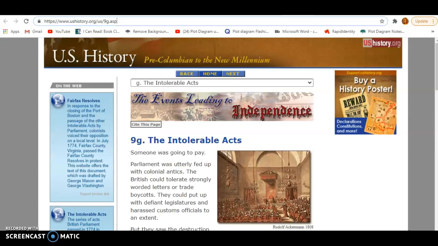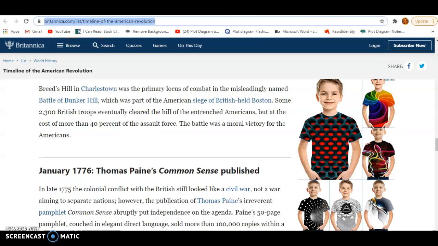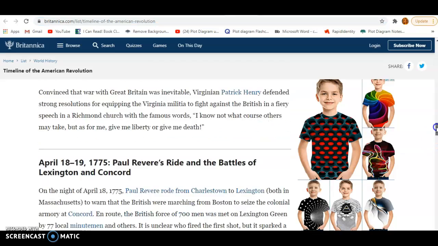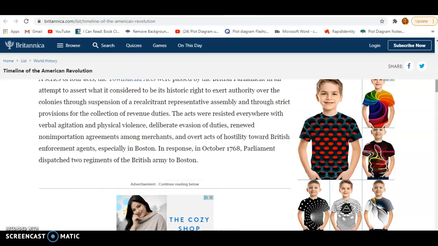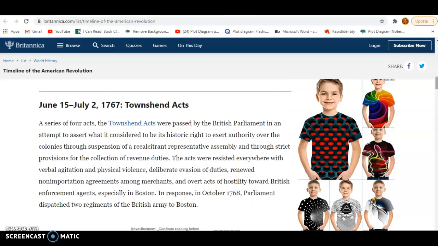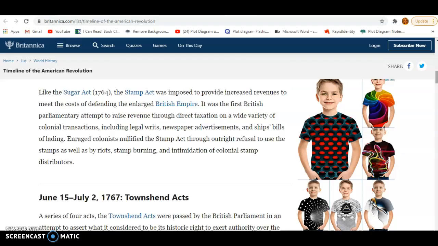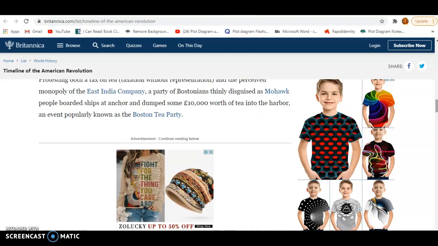Another website that you can use is, sorry, here we go, Britannica, and it is linked. These are all linked in your Canvas announcement, but you're also free to research on your own. Like on this Britannica, if we look through there again, those are things that we don't need.